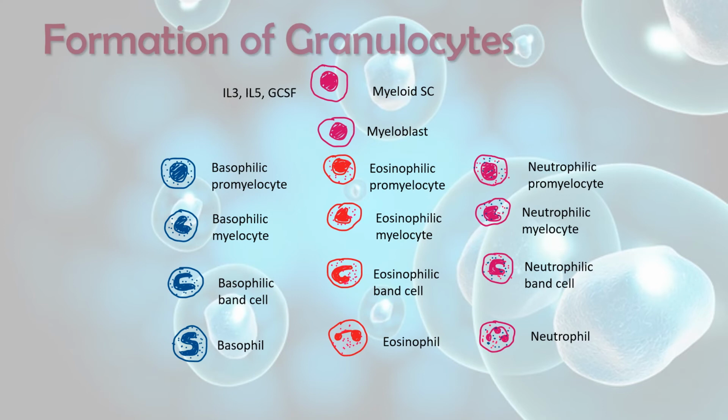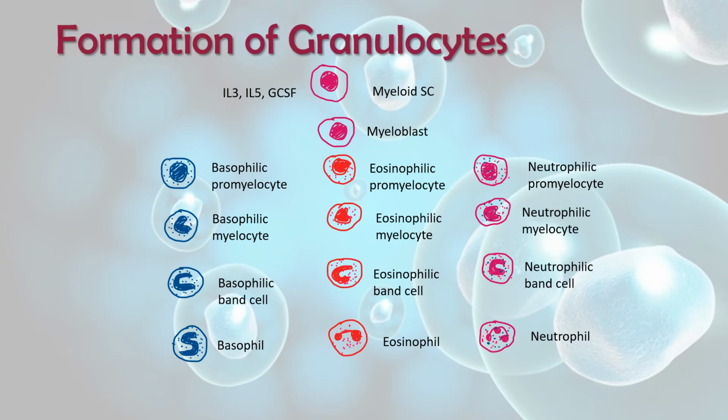Now the formation of granulocytes. We have just seen that from the hematopoietic stem cells, two pathways are generated. The first one is myeloid and the other one is lymphoid. From the myeloid, we have seen that monocytes are formed, and in this slide, we are going to look at how the granulocytes are formed.